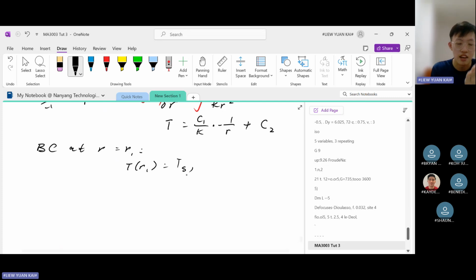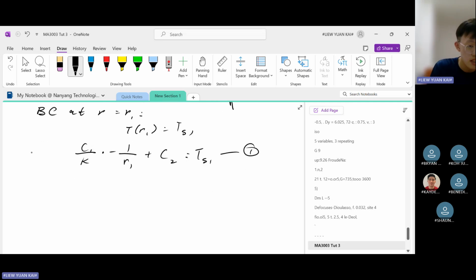So we substitute R1 into this equation: C1 over k times negative 1 over R1, now not just r, plus C2 is equal to Ts1. So this is our first equation. Now let's look at the second boundary equation.